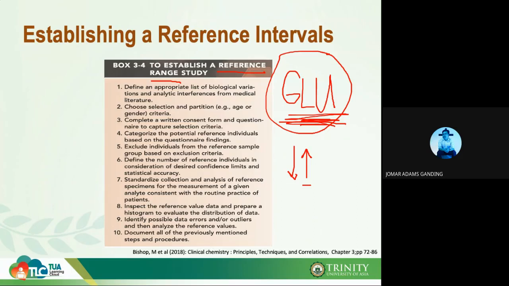Number six. We also need to define the number of reference individuals in consideration with the desired confidence limit and statistical accuracy. This is the statistics part. Usually, in a reference interval study, we have a minimum of 120 samples.